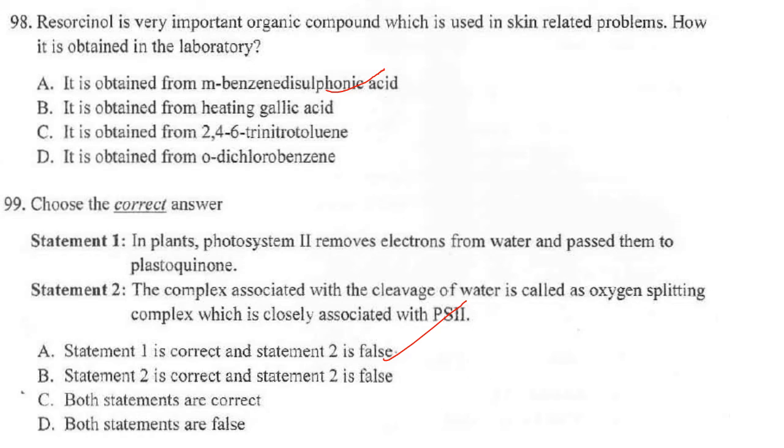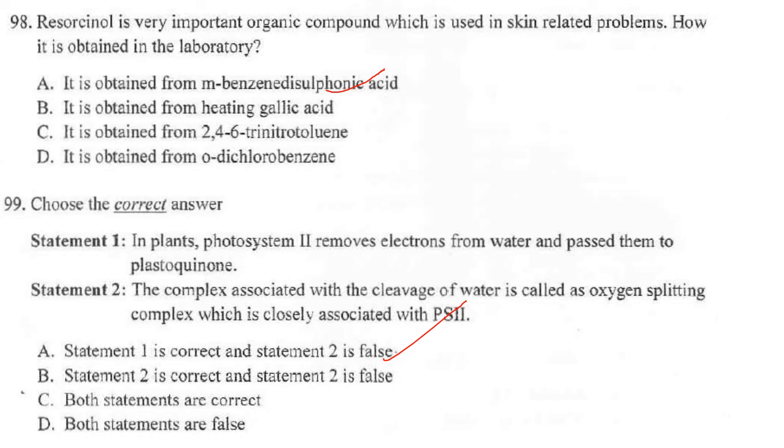Then choose the correct statement. In plants, photosystem 2 removes electrons from water and passes them to plastoquinone. The complex associated with the cleavage of water is called oxygen splitting complex, which is closely associated with pigment system 2. So statement 1 is correct, whereas statement 2 is false.